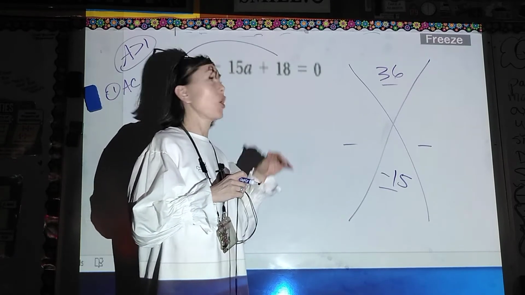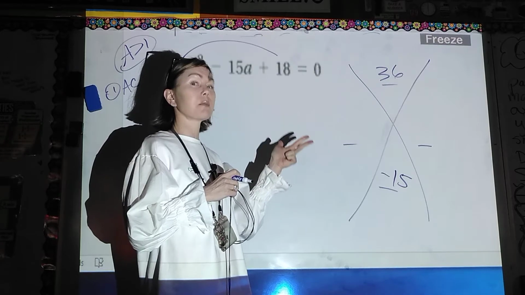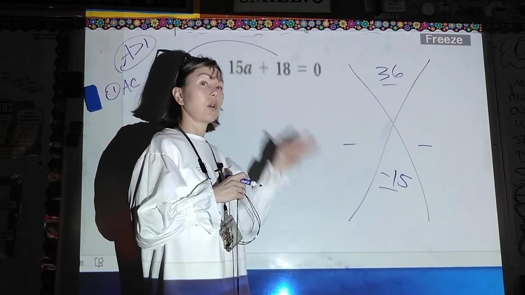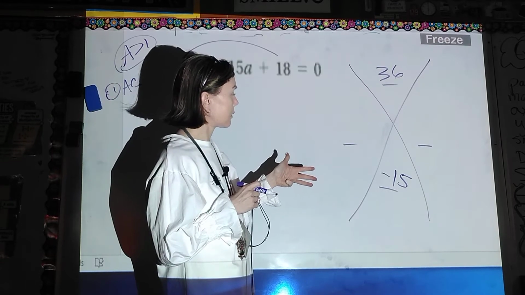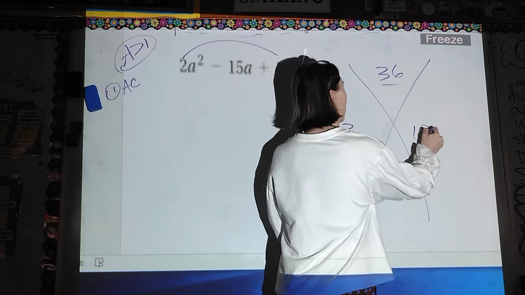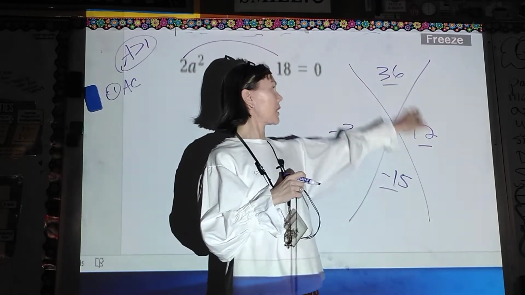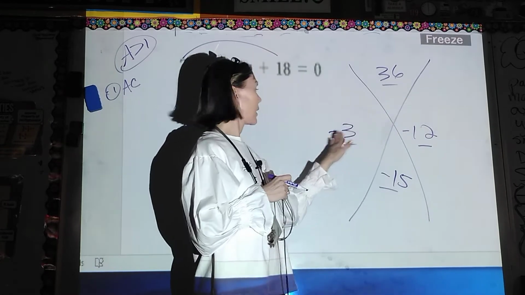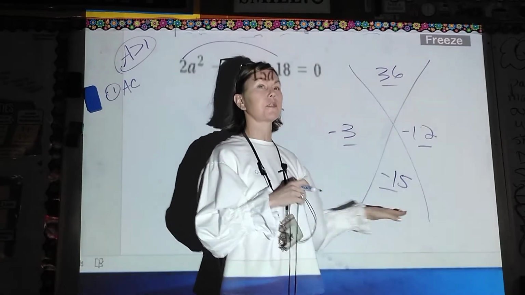Okay, let's try that again. 1 times 36, 2 times 18, 3 times 12, or what would be another one? 12 times 6. 3 times 12, you guys. 3 and 12, and negative. So let's try this out. A negative times a negative gives you a positive, and negative 3 minus 12 gives you a negative 15.